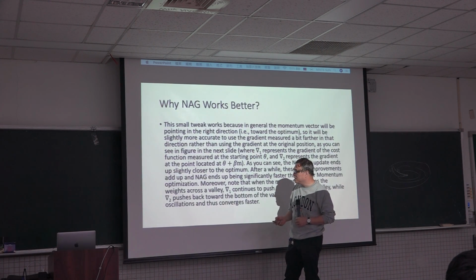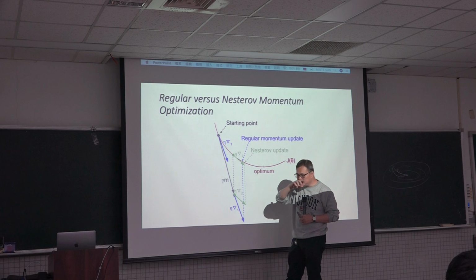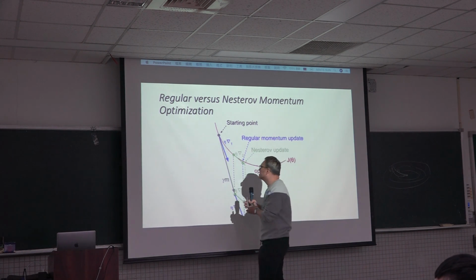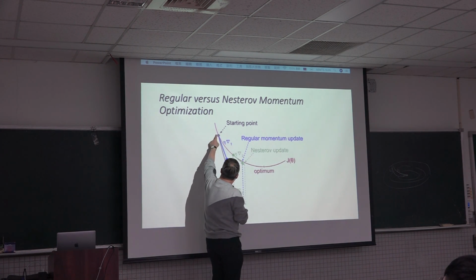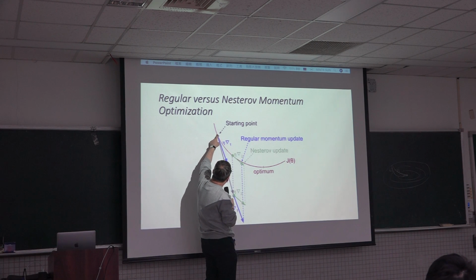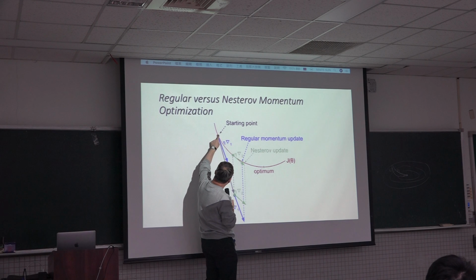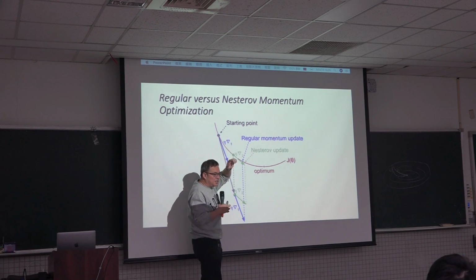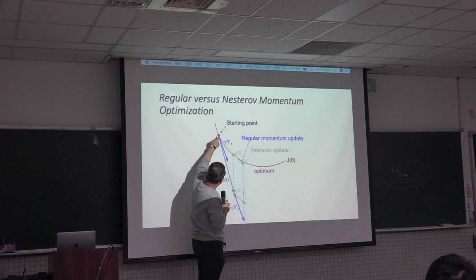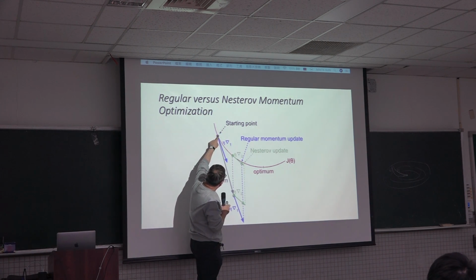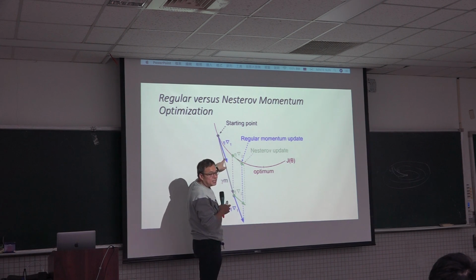So let's look at here. Think about this. If you try to calculate that gradient vector here, the direction you get is this direction, right?